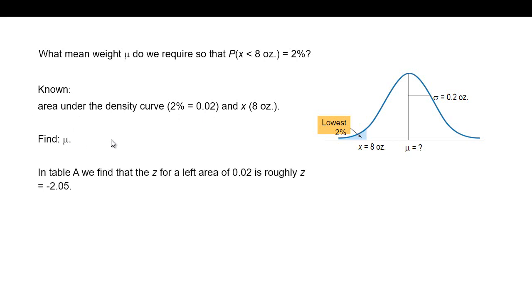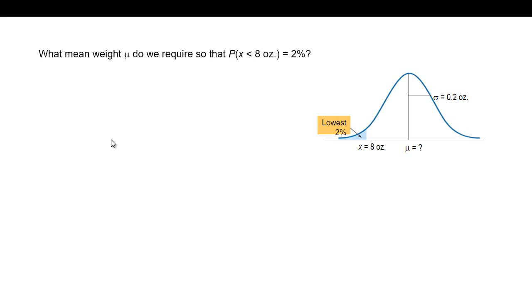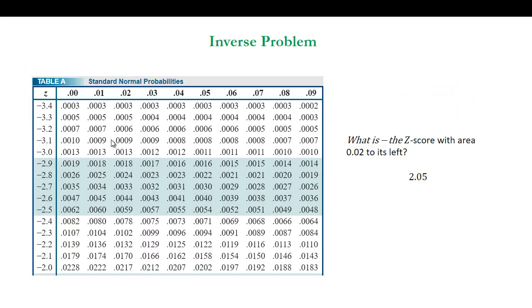So what we do is we go to our standard normal distribution table and we find the z-score associated with the area 0.02. Notice that the z-score with area 0.02 to its left is negative 2.05.